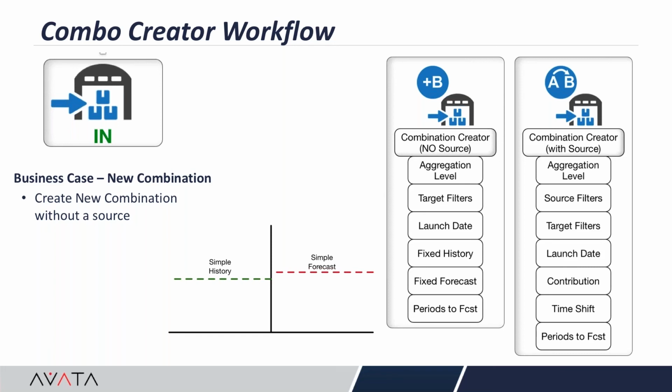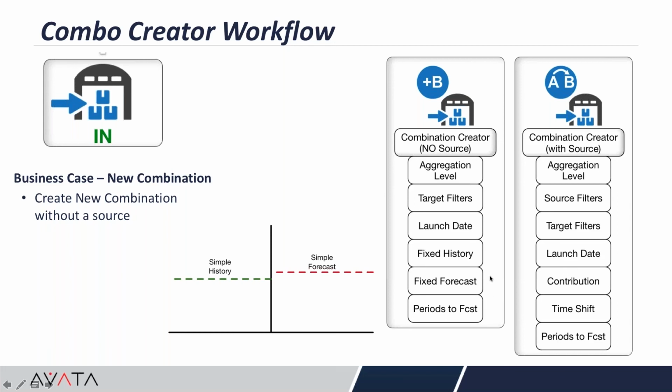This is the simplest scenario event type, where combinations are built at an agnostic level: you choose the aggregated level where you want all the combinations to be created, and then you can further hone that by putting in target filters saying you only want certain items or certain elements to be created. For example, you could create combinations across a product family at an aggregated level, but for certain customers. Or you can create new combinations for a particular product family, and you can do all that using the target filters.